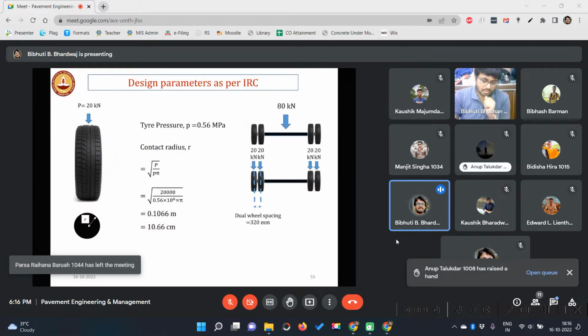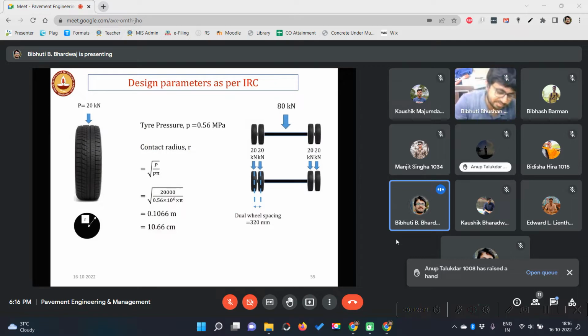Okay. So now in this case, I discussed in our last class the standard axle load as given in IRC for single axle dual wheel. That means the axle is single, with dual wheel on either side. It is 80 kilonewton. And we have converted everything to this axle by multiplying with VDF, if you remember, right?